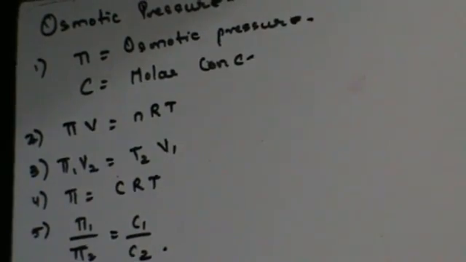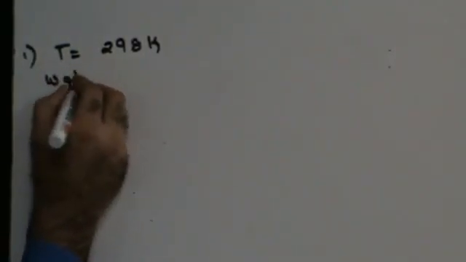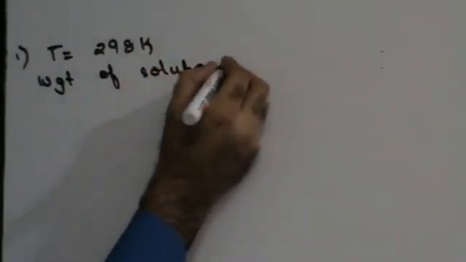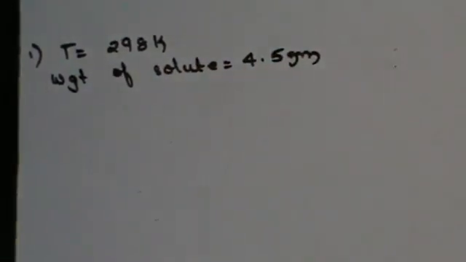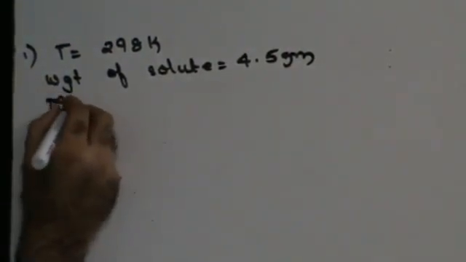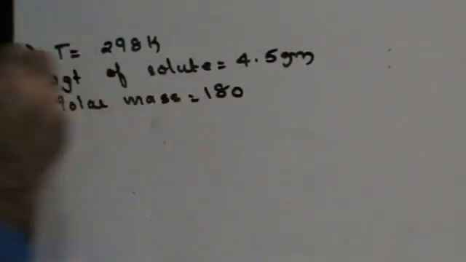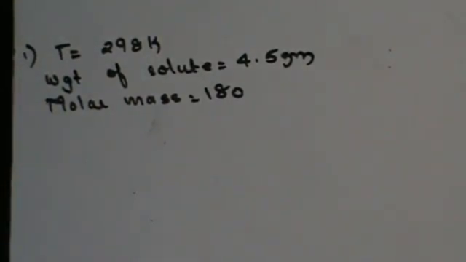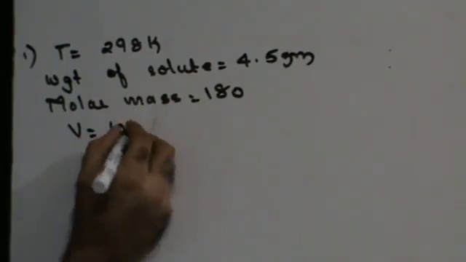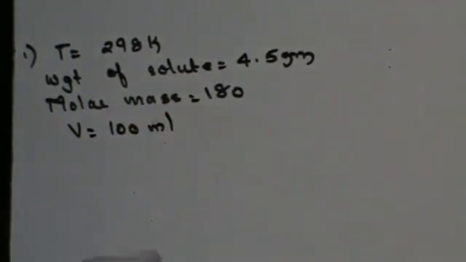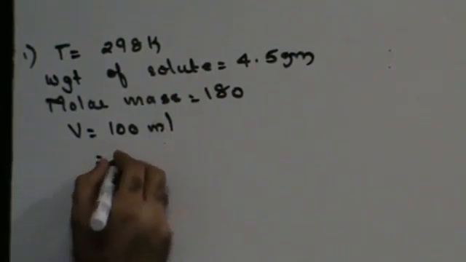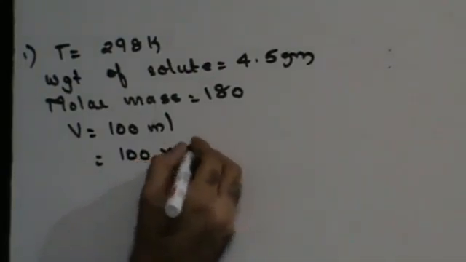Please take out. At 298 Kelvin, 4.5 grams of glucose, whose molar mass is 180, is dissolved in 100 ml of water.